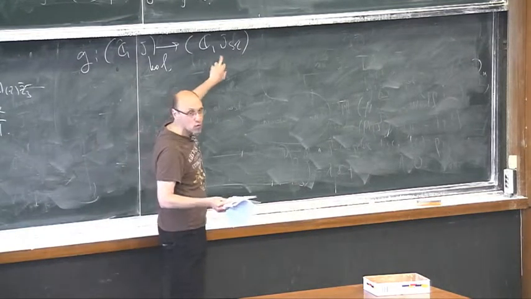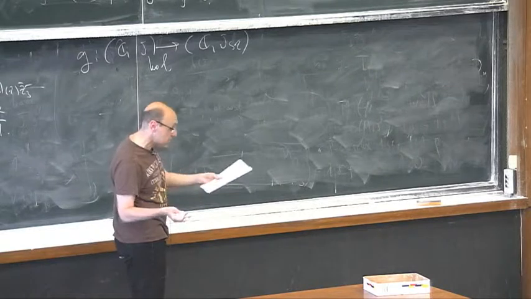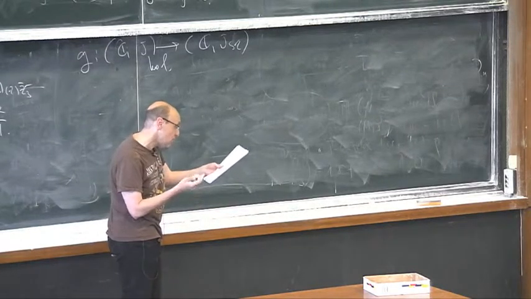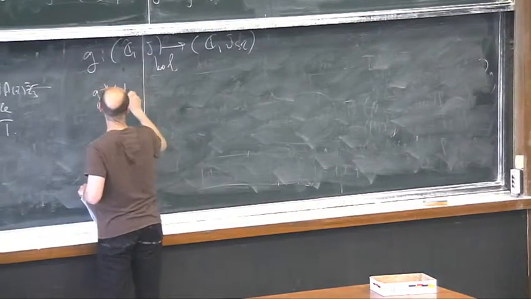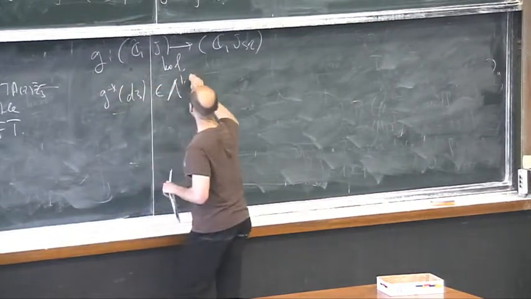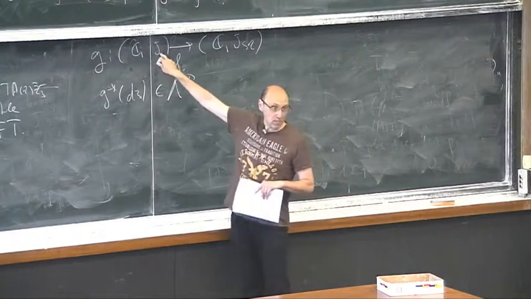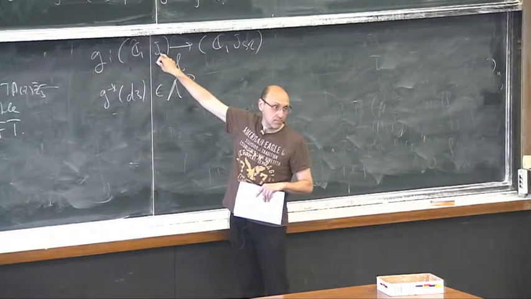Okay, what is the 1-0 form here? This is d zeta, for instance, whatever notation I use. So this means that G star of d zeta must be this form, but with respect to this structure, right?